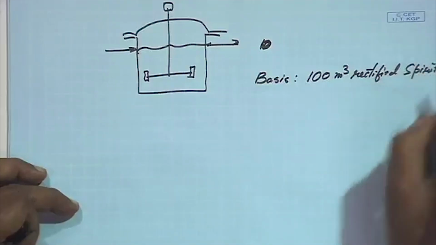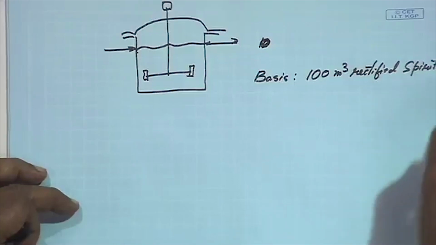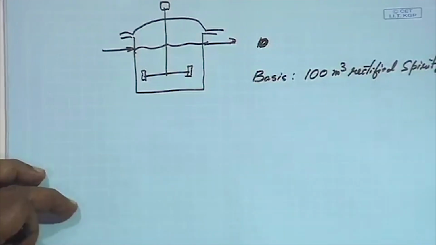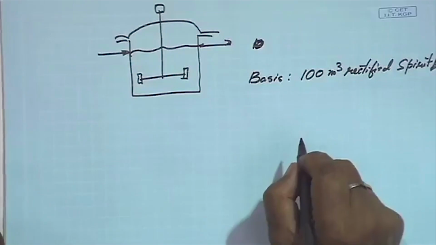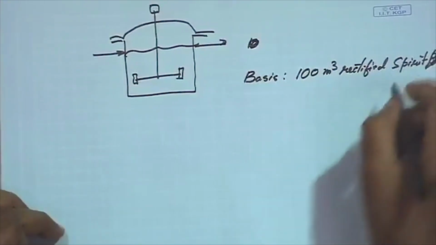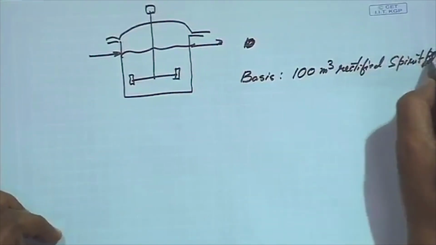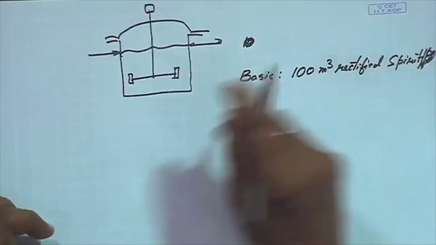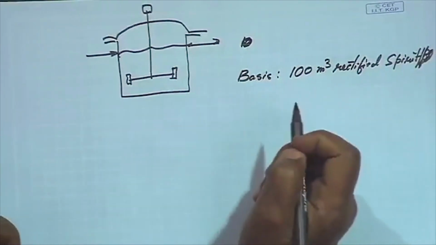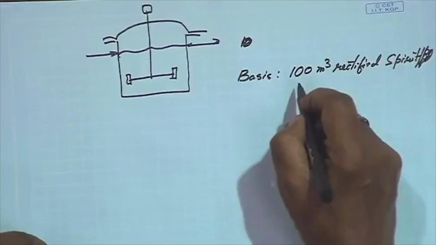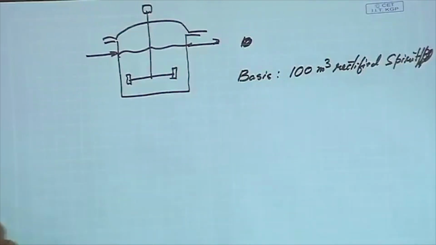Let us assume this is the production per day, which contains 90% by volume of ethanol.